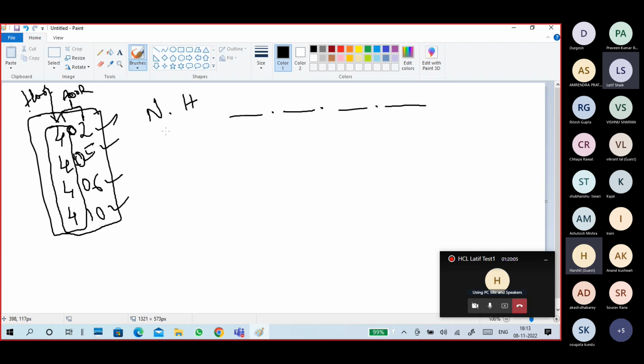So guys, remember a rule here. Always the network must be the same. For example, network is 1, host is 1. Network is 1, host is 2. Network is 1, host is 10. Network is 1, host is 23. All are the same network.